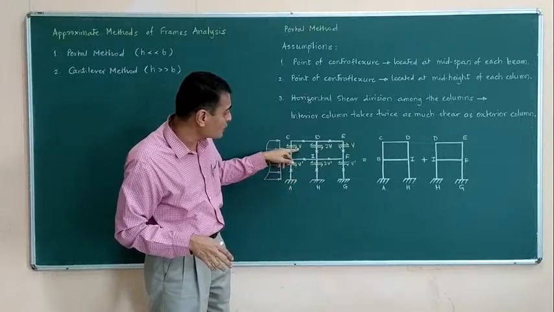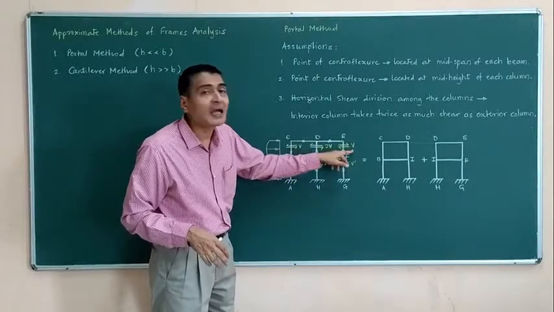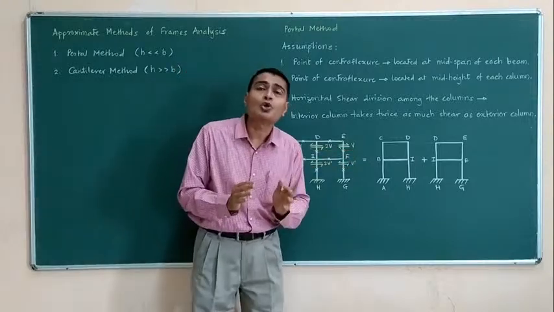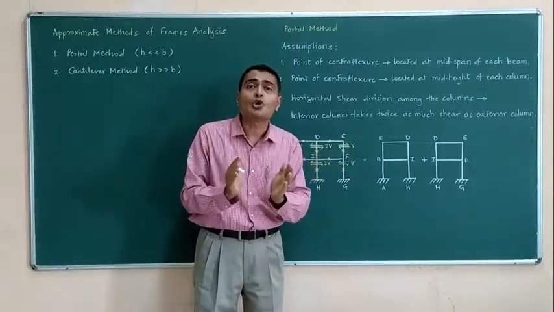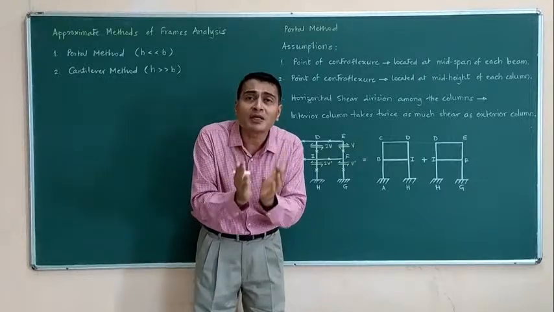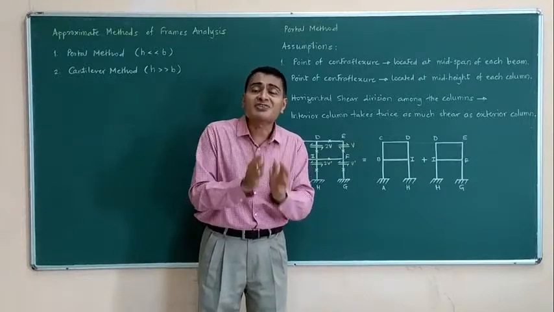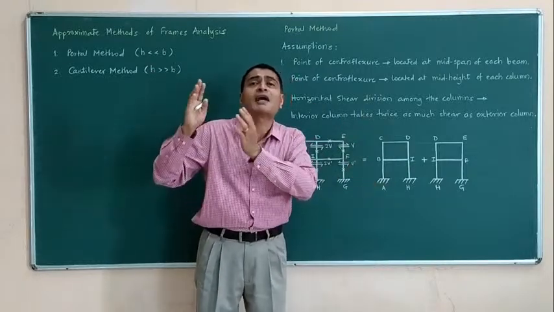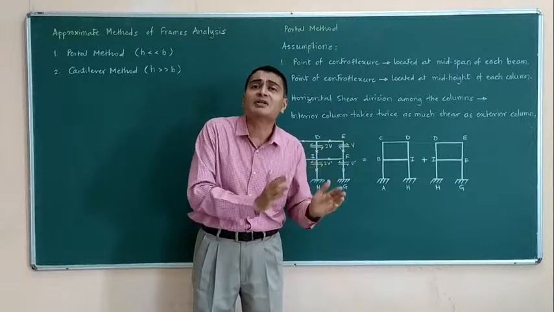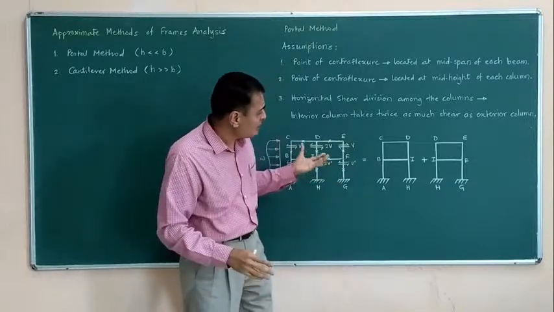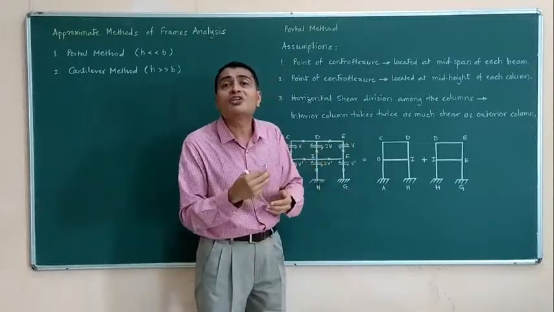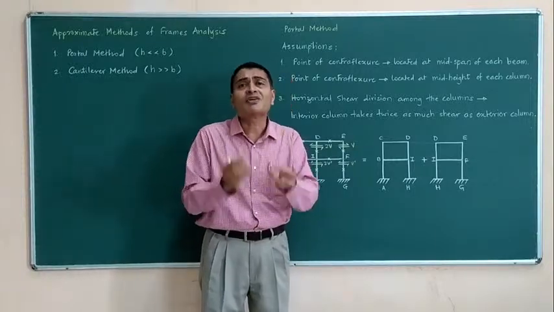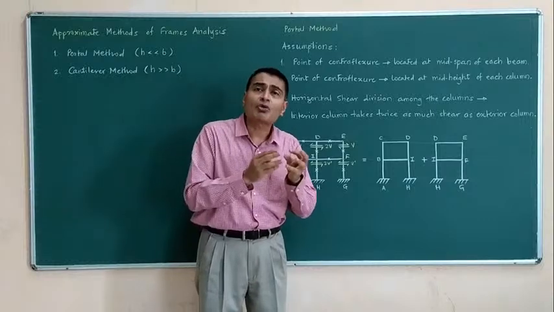And then if this magnitude is V, this will be 2V and this will again be V. That is again another assumption so as to simplify the analysis, so as to have some convenient method which would produce results which are not entirely erratic as compared to accurate method results, acceptable results. Try to understand, eventually all this is going to lead to designing. And when it comes to designing, again you have safety factors for loads, safety factors for material.